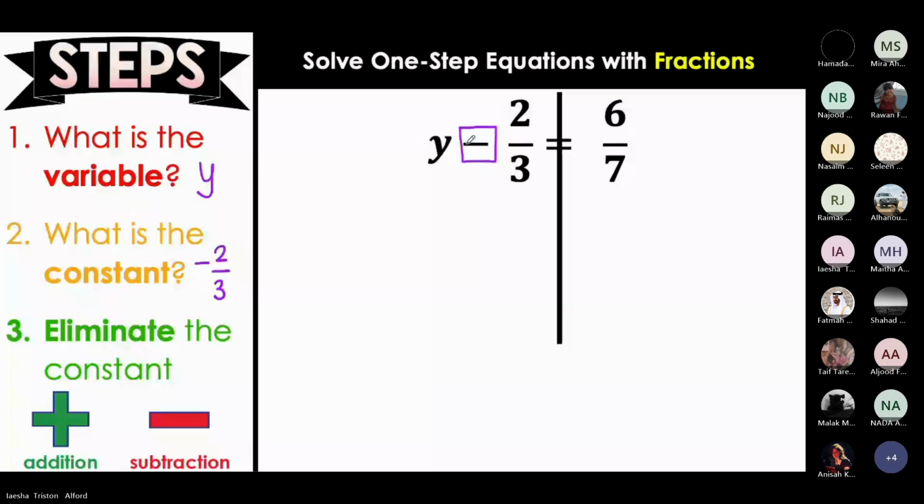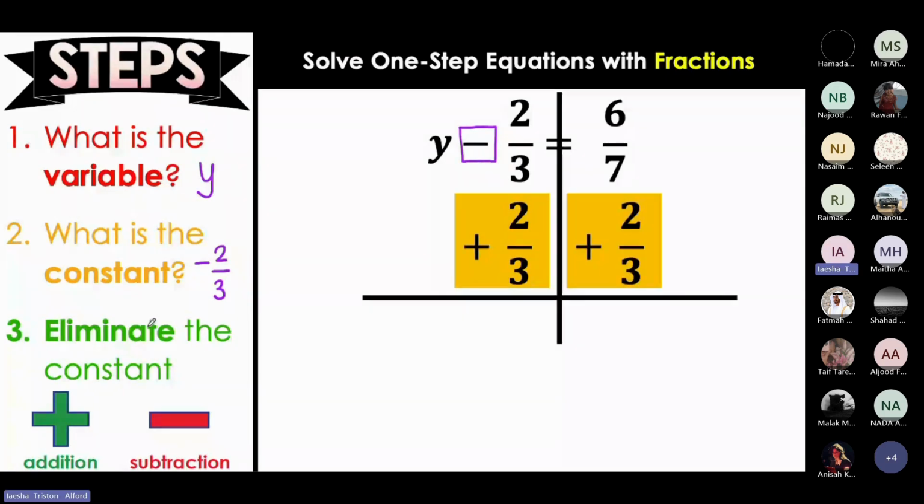So the constant, we want it to be 0. How do we make it 0? Add the same number, not the flip. Add 2 over 3 on both sides.